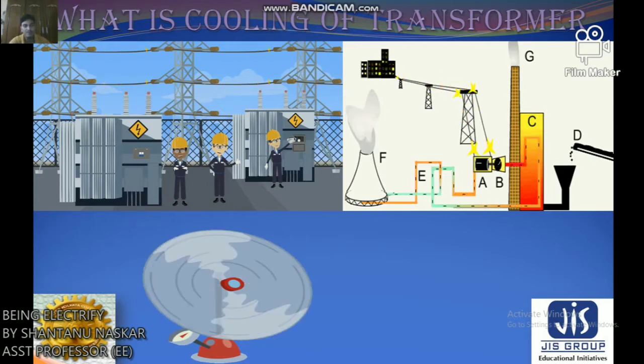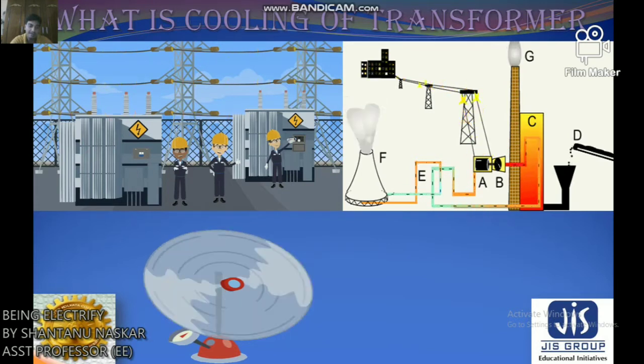Thus proper removal or treatment of heat is necessary for efficient working, longer life and higher efficiency of the transformer. The various coolants used for cooling the transformer are air, synthetic oils, mineral oils, gas and water.